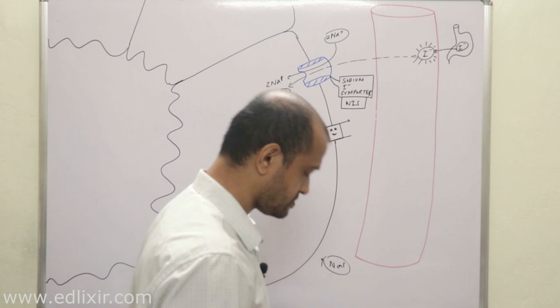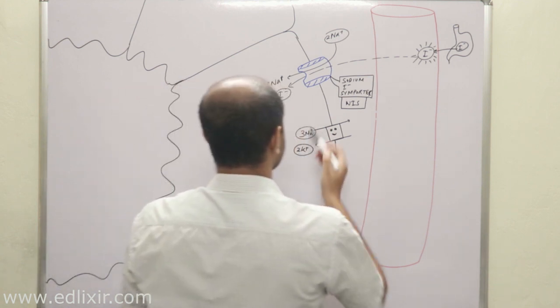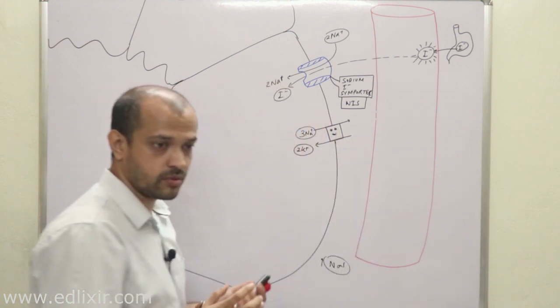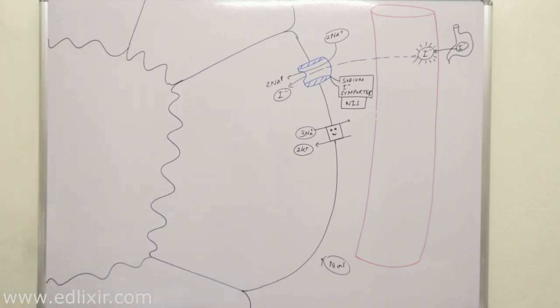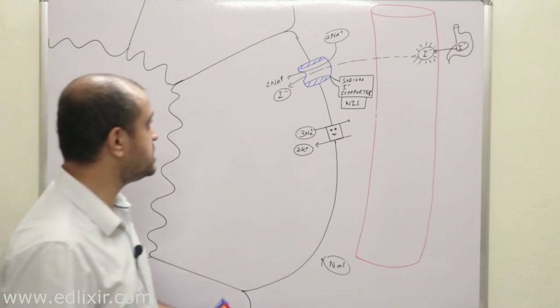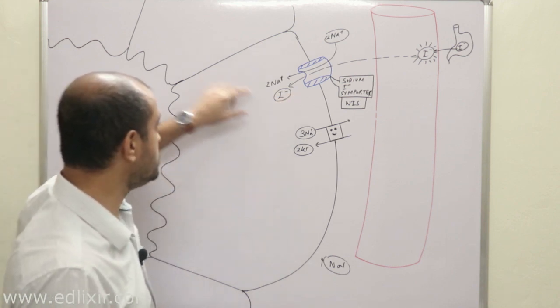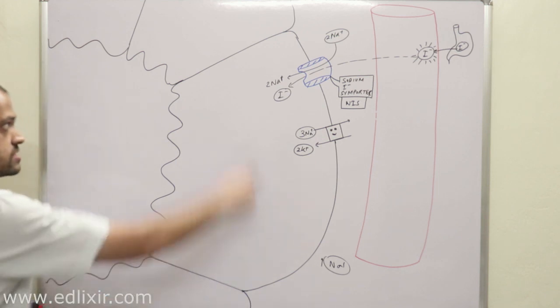Now this process of entrance of iodine into the follicular cell, these are follicular cells, right?